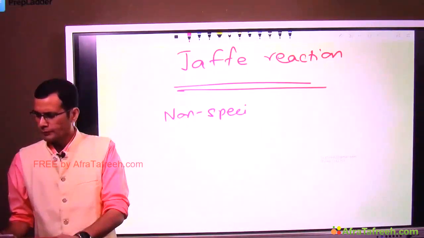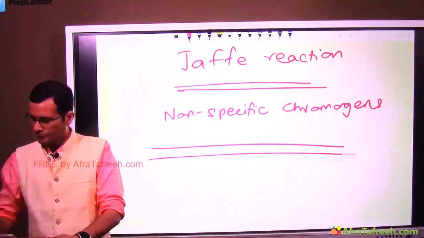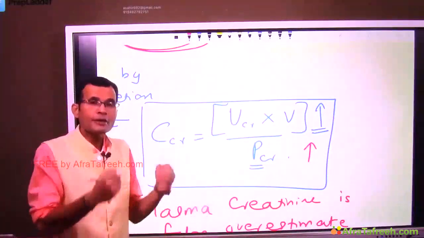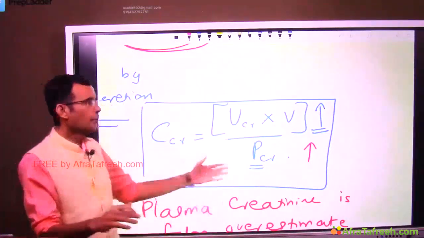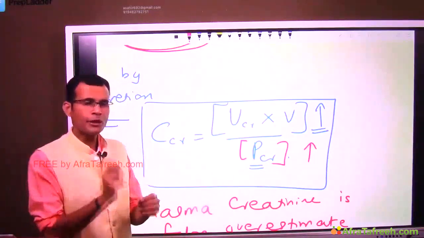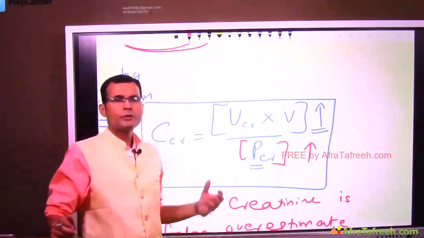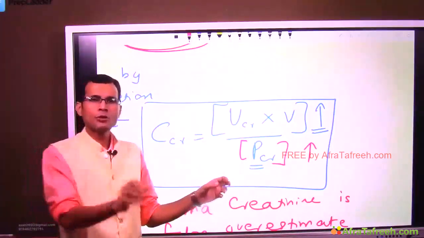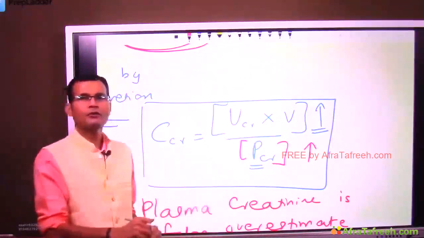They get added in this creatinine measurement to give us a falsely high value of plasma creatinine. You understand this? We are measuring plasma creatinine, which is at the denominator, but we don't get the absolutely correct value. We get a false overestimate because we measure it by colorimetric methods, and the non-specific chromogens get added along with the creatinine to give us a falsely high value.